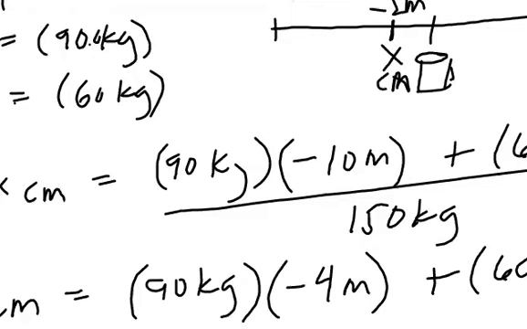That's what we want to find out. How close is he to the center? Divided by 150 again. And x2 is going to be equal to 1.0 meters. So he's going to be 1 meter from the center on this side. He's going to have moved 9 meters.